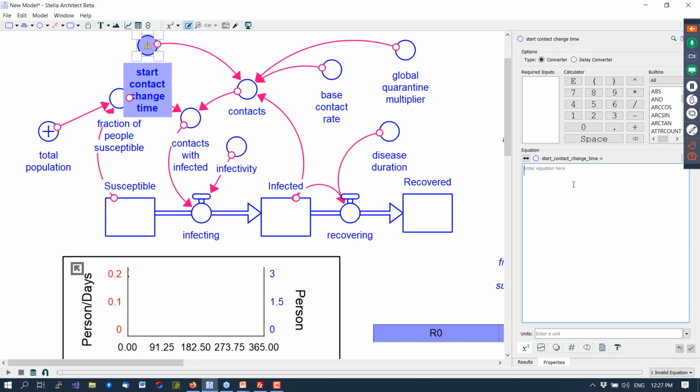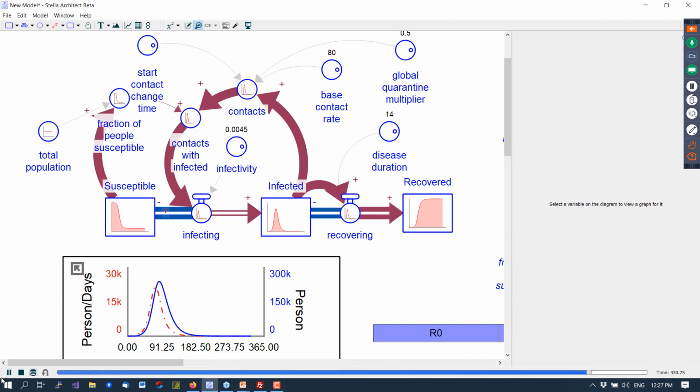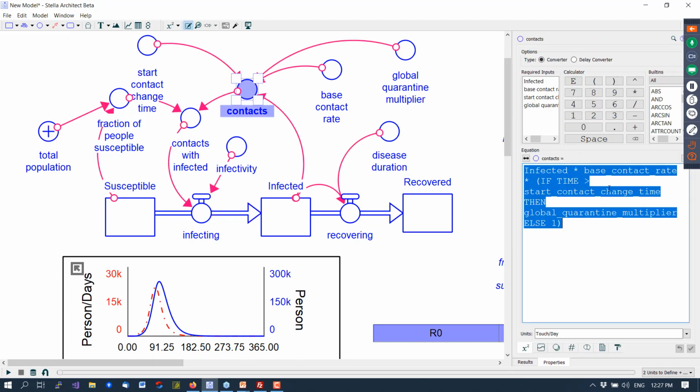And then I'll start this at, say, I don't know, 30 days in or so. And then you should be able to see, I didn't make any mistakes. Obviously I did. If infected.